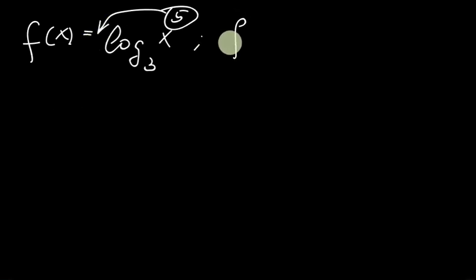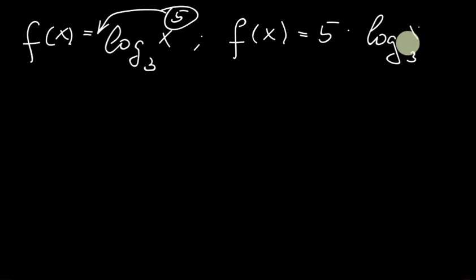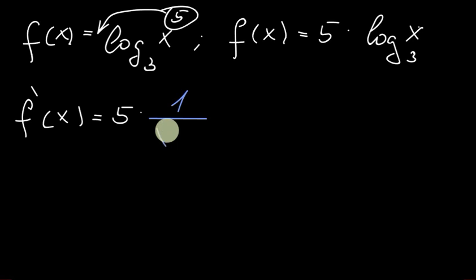So here's what we will get. We get that our function is 5 times a logarithm with the base 3 of x. Now, for this logarithm, we have a formula from that white table. So f prime of x will be 5 times 1 over x times a natural logarithm of 3.